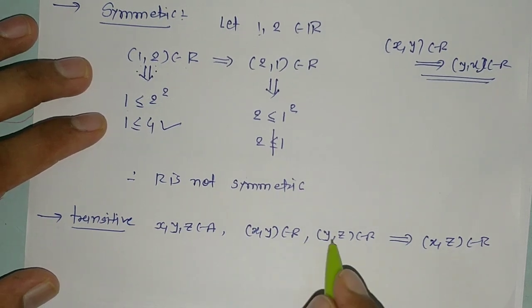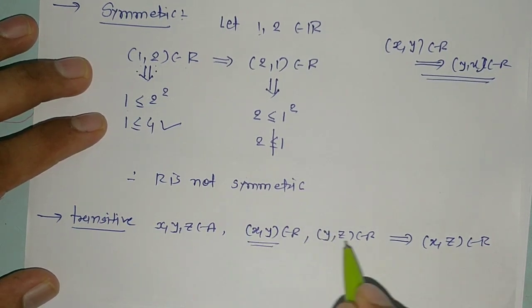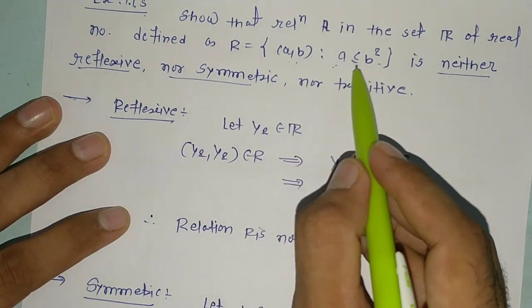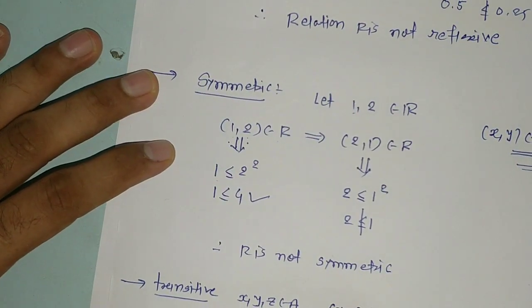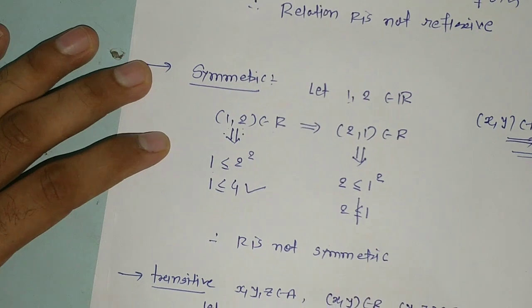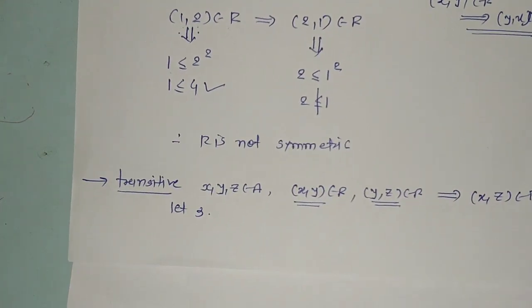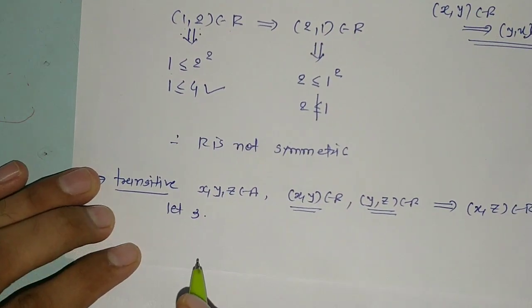So according to the definition, we are taking two pairs which satisfy the definition of the relation. Again, the definition of relation is A is less than or equal to B square. According to that, let's take three real numbers.